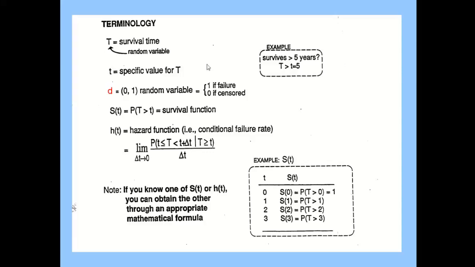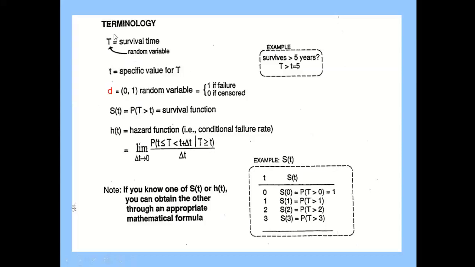Then you're talking about a little t of 5. So if you're talking about the probability that somebody's survival time is greater than a specific value of interest, the specific value might be 5, it might be 10, depending on what you're dealing with. But that's what the little t stands for.